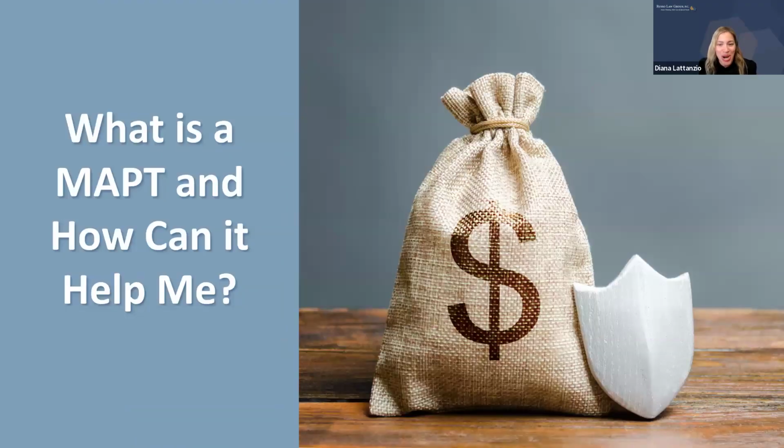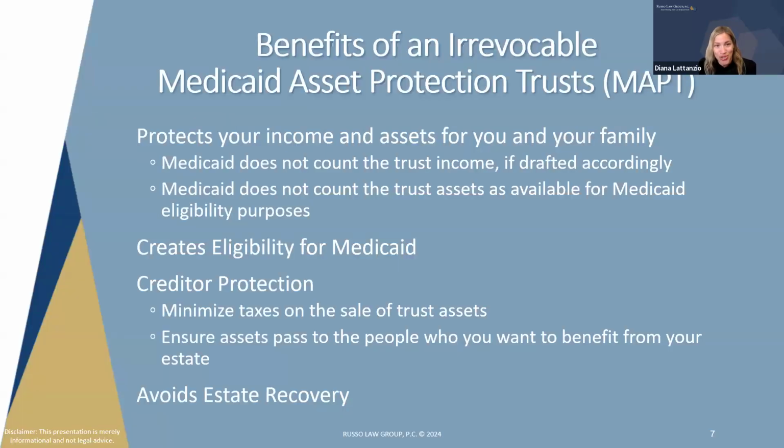So we're going to start with a Medicaid Asset Protection Trust and how it can help you. First and foremost, the MAP that you're going to keep seeing on your screen, the acronym, stands for Medicaid Asset Protection Trust. That type of trust is irrevocable, and it's usually used in connection with long-term care planning.